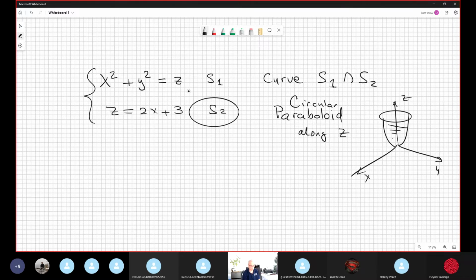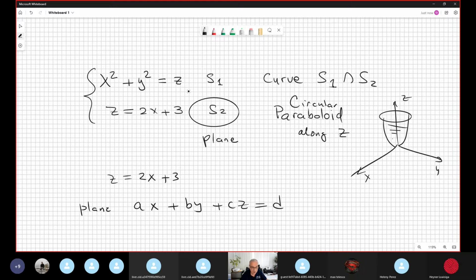And what about surface 2? Is it a line? Is it what? It's a plane. Some students say it's a line, but no, remember. Line in 3D we studied in parametric form. When you see one equation like this, it's impossible to be a line. Look, z is equal to x plus 3. You remember the plane equation is Ax plus By plus Cz equals D. Compare this and this.